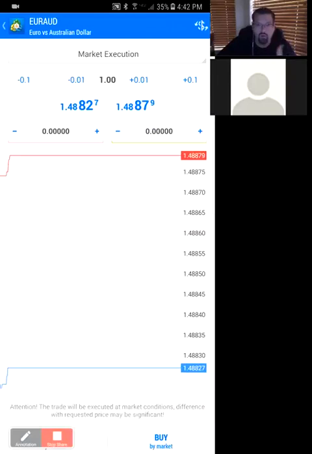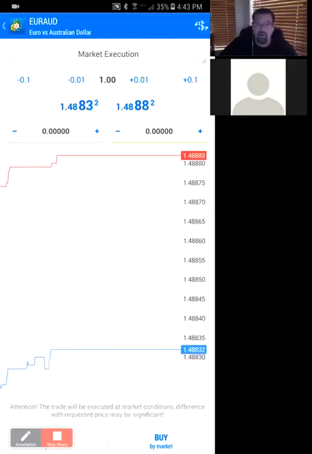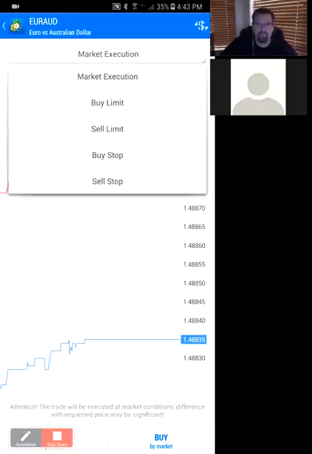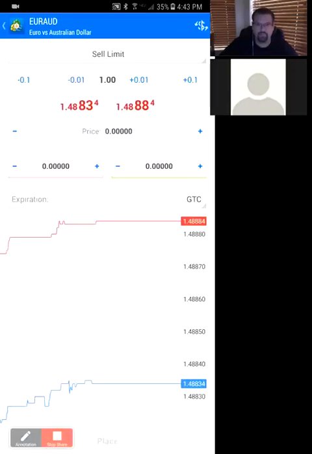Even though we're just doing this for example, because this was 15 hours ago and this trade is no longer relevant, it was a sell limit. So just click on where it says market execution and click sell limit. Now you see where it says price? Price. Yes. Long click.